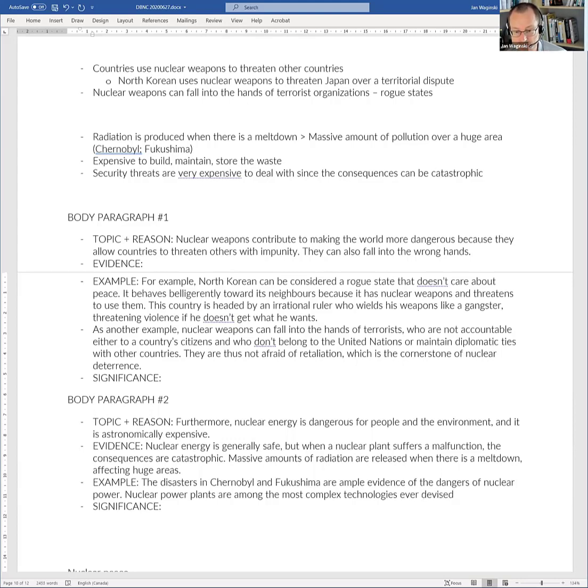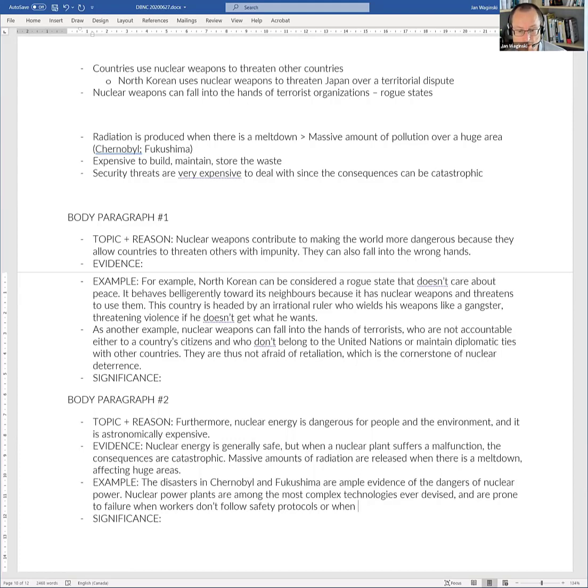Devised is like invented. And they are prone to failure when workers don't follow safety procedures and protocols.